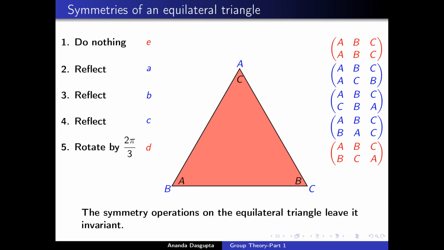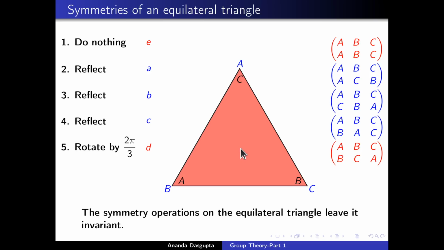Notice that under this operation, of course, the triangle stays unchanged, but all three of the vertices move from their places. What used to be A has now become B, so A goes to B, B has come to C, and what used to be C has come to A. So this is the particular permutation of the vertices which corresponds to this 120 degree rotation about an axis which passes through the center of the triangle and is normal to the plane of the triangle.